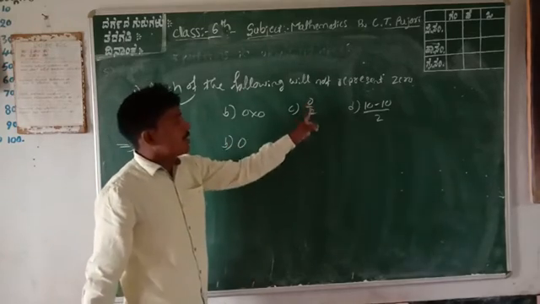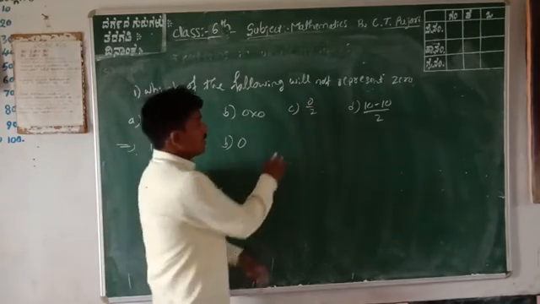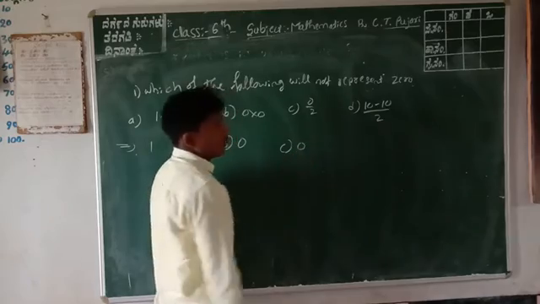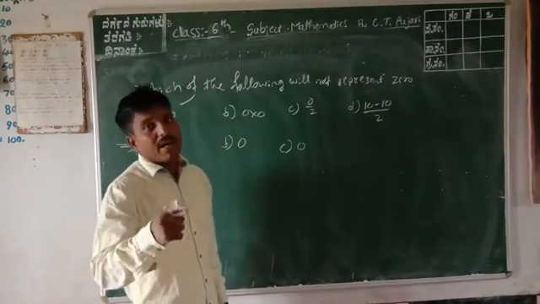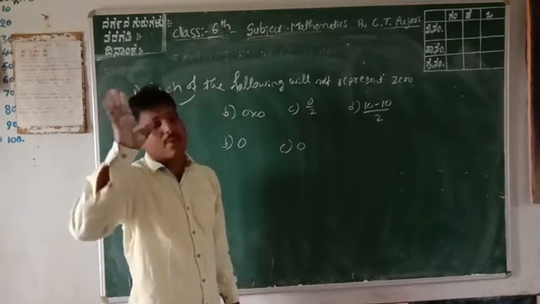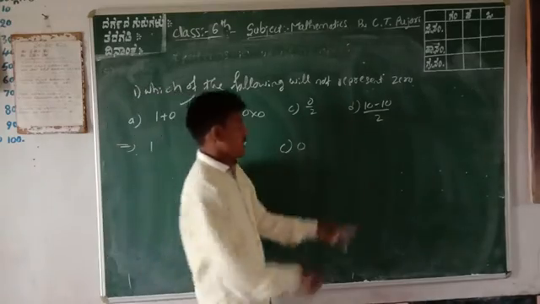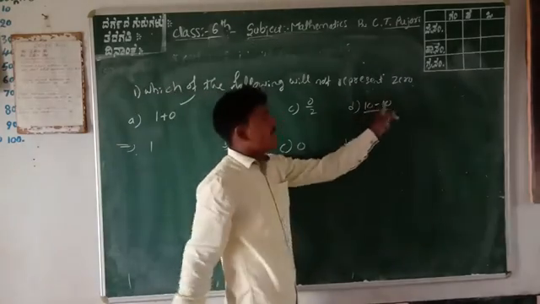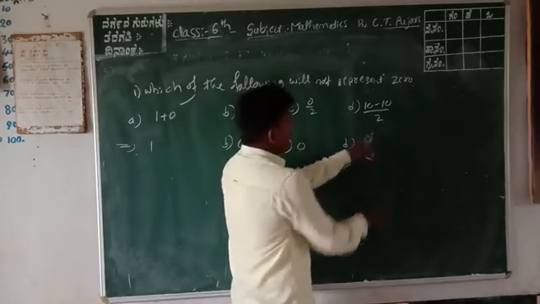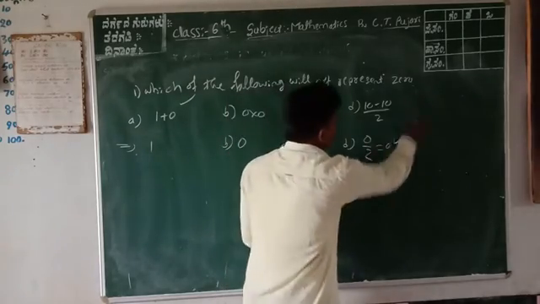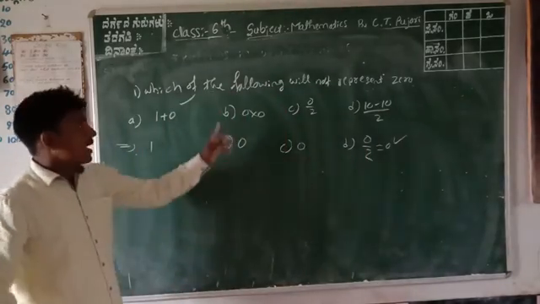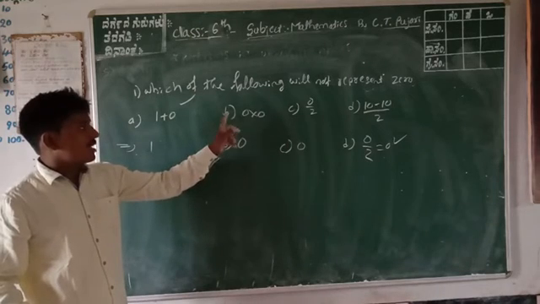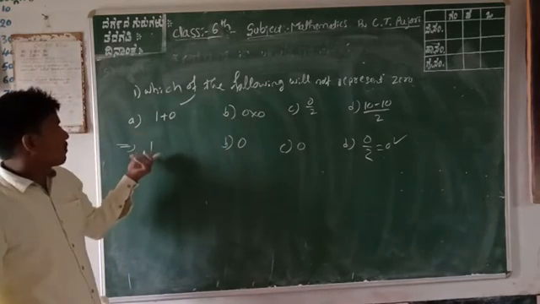Next, 0 divided by 2 is also 0, because 0 divided by any number is always 0. Next, 10 minus 10 is 0. So B, C, D represent 0. Only the first one does not.